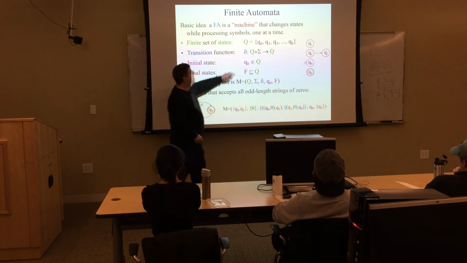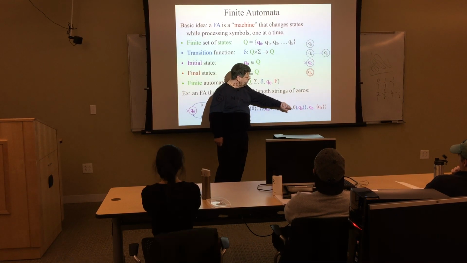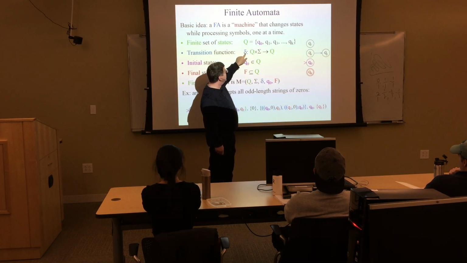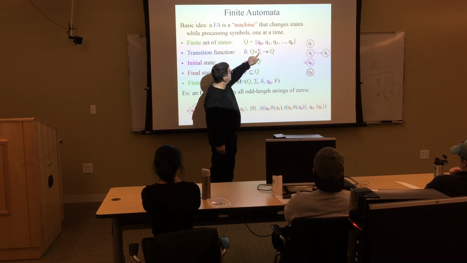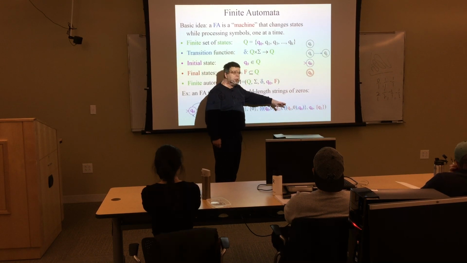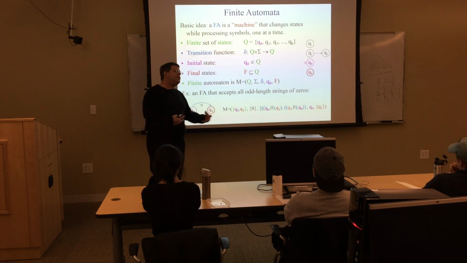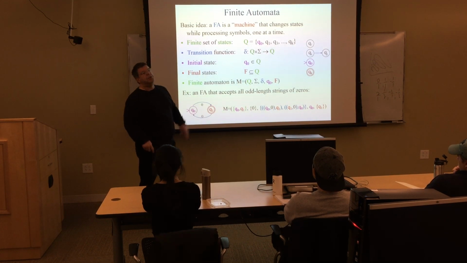This matches this type of the transition function, the delta in blue. It takes you from a state and a symbol to another state. And sure enough, state, symbol, another state. So all the types match here, as they should. They better match. If you have type mismatch or type errors, you're in trouble.